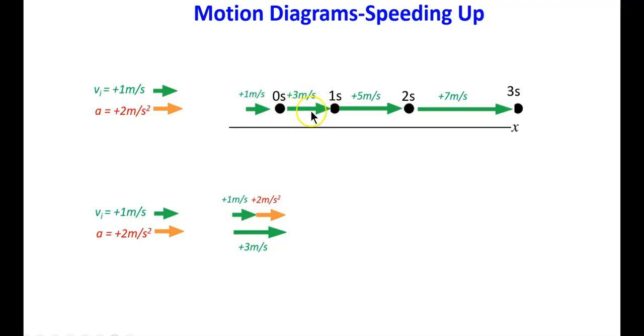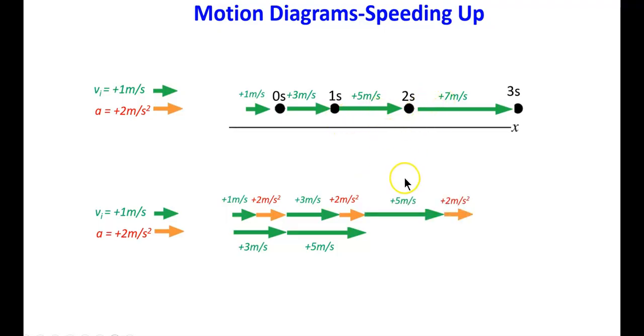Well, now that is your new velocity. If we add positive 2 meters per second acceleration to this positive 3, your next vector is going to be positive 5 meters per second, which is how we got this. So the length of this is positive 5 meters displacement over the next second, from 1 to 2 seconds. Now this is your new initial velocity vector. If we add that acceleration vector of positive 2 meters per second for the next second, you're going to end up getting a positive 7 meters per second.